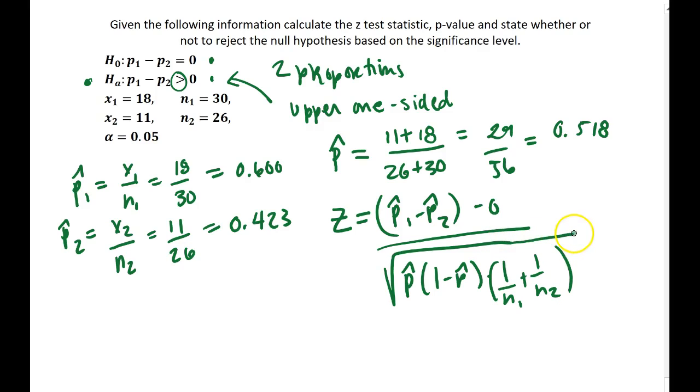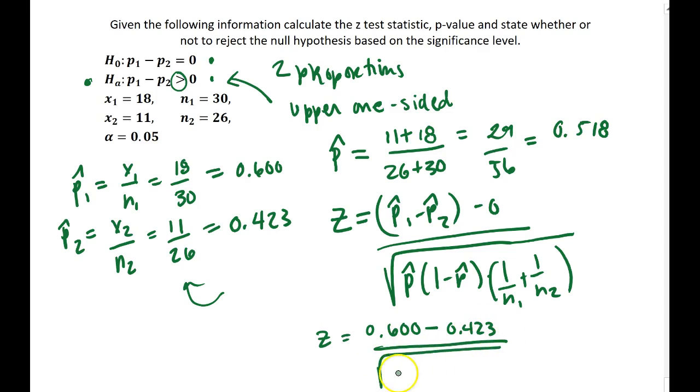Now if we plug in the values, we find that z is equal to 0.600 minus 0.423 divided by the square root of 0.518, the pooled proportion, times 1 minus 0.518, all times 1 over 30 plus 1 over 26.